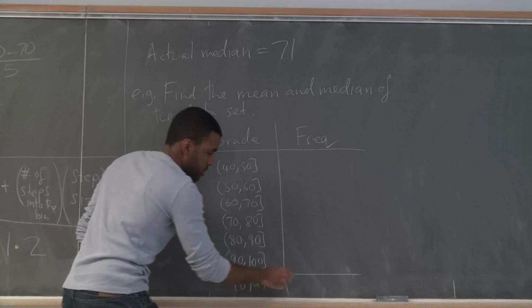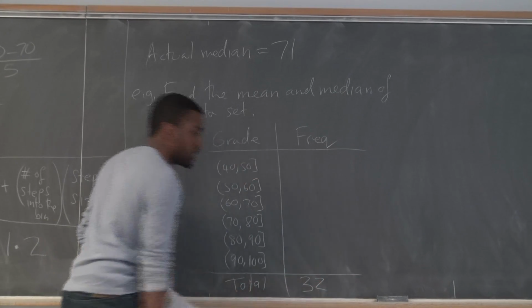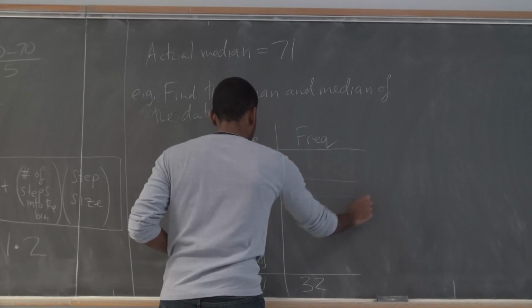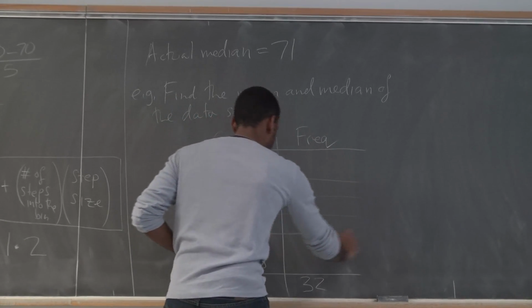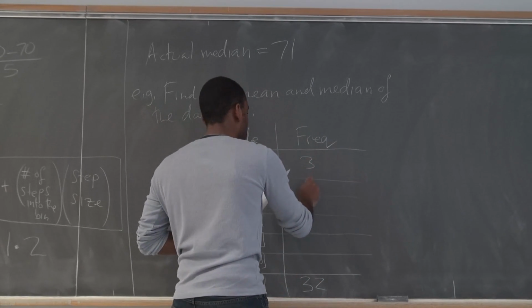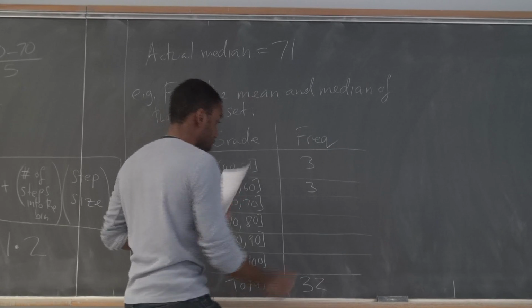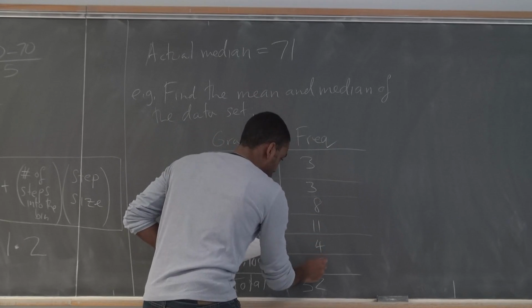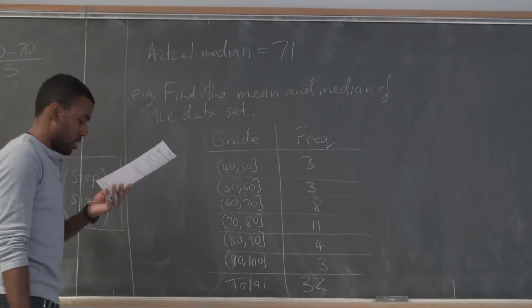You may or may not be given the total, but here I'll just tell you, it's actually 32 grades. There are 32 students in this class. And here's the grade breakdown for the test. There are 3 students that scored in that range, 3 scored in that range, 8, 11, 4, and we have 3 students getting above a 90.